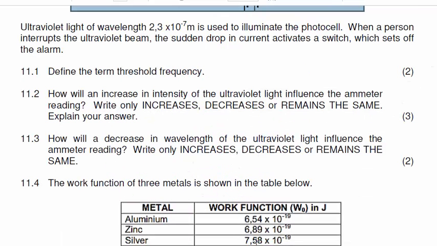So even though silver is closer, my work function must be less, because I'm using average velocity, I've worked out the average energy used to knock the elements off, while this table gives me the minimum energy required to knock them off. So my average energy can't be less than the minimum energy. So it would then go to zinc, which is the next closest one.